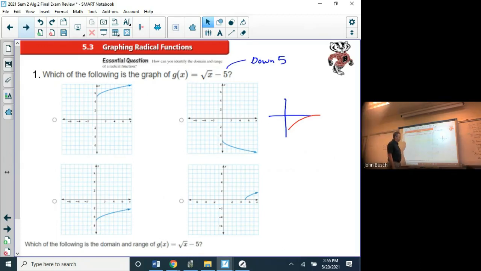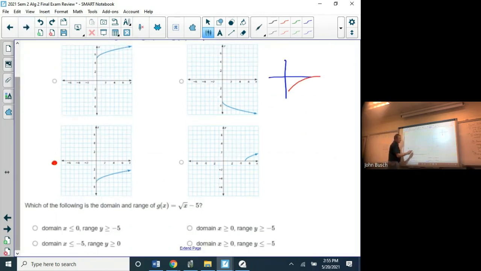So it should be this one. And this endpoint is the point 0, -5. If you're looking for the domain and the range, the domain should use this 0.